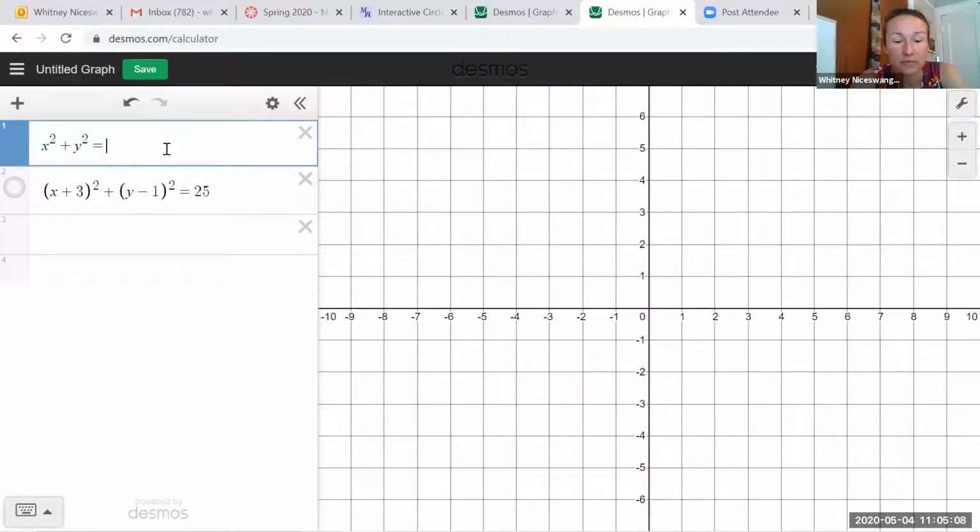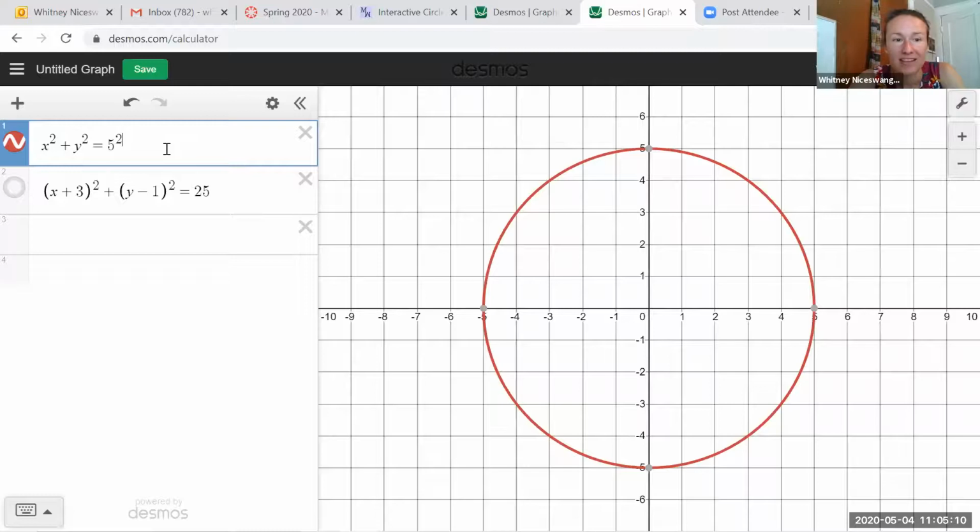Okay, 25 and 5 squared are the same thing. So realize, even though it said 25, that's really 5 squared, so our radius is 5. Now, if we wanted to shift the center of that circle but keep the radius the same, you can look at our second equation here. Think about how this is going to shift our circle.